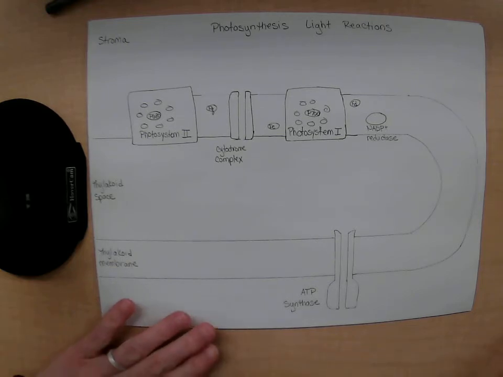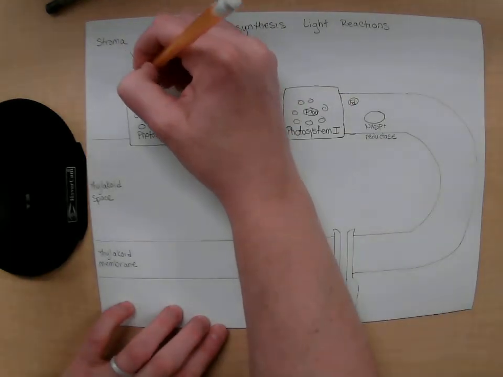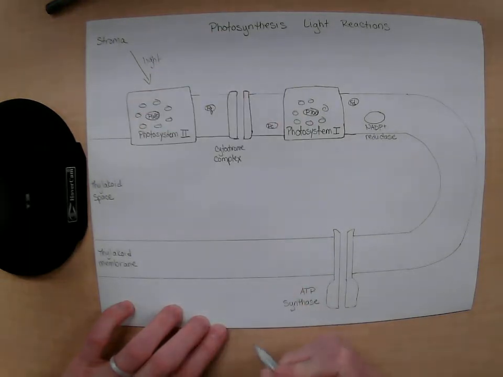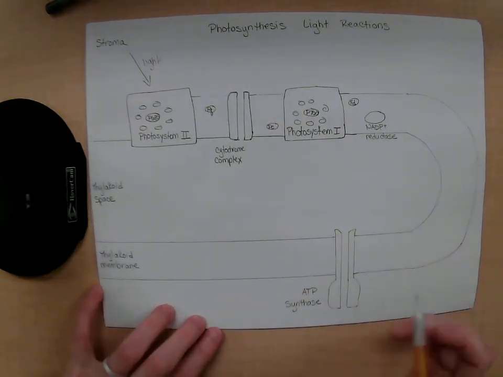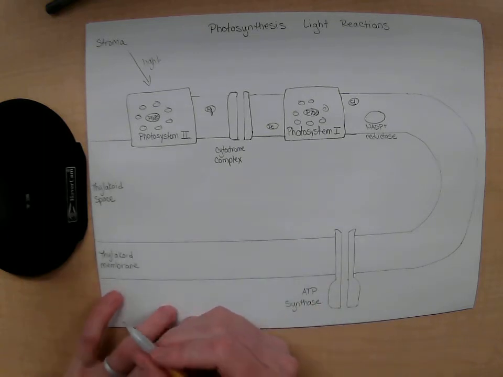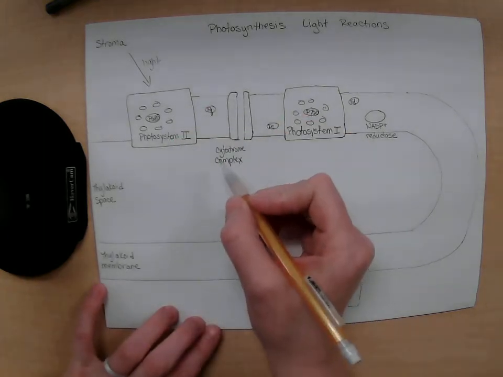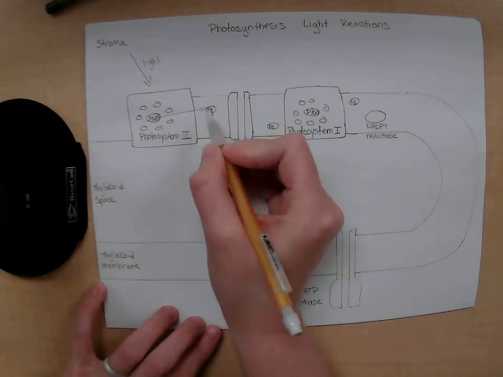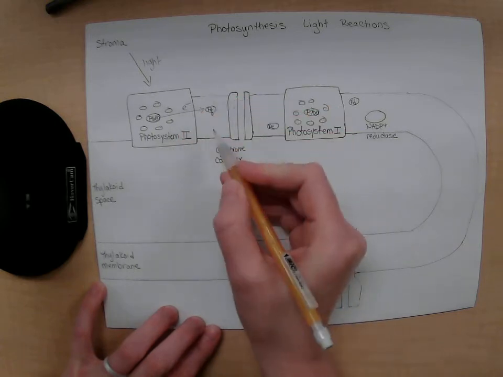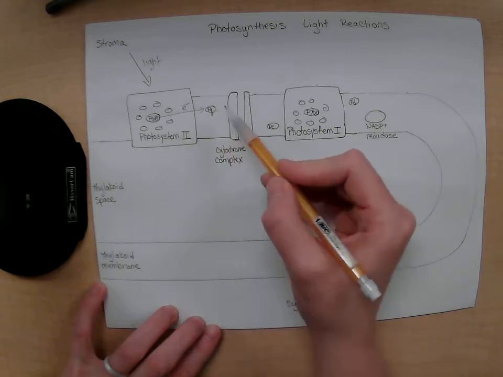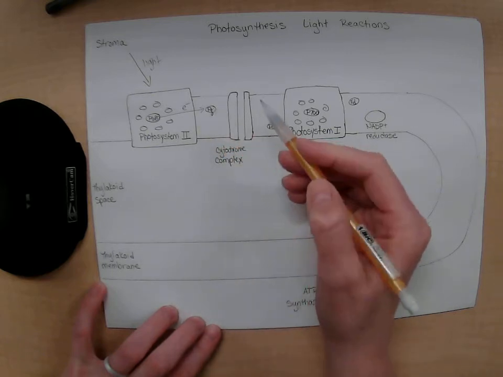So the first thing that we need for photosynthesis is some light. So light comes in, and it excites the electrons inside photosystem 2. And it causes some electrons to leave photosystem 2 and go to a primary electron acceptor that's going to carry them to PQ.